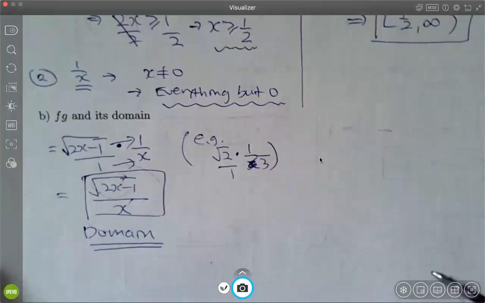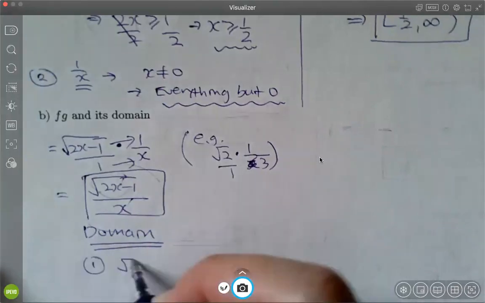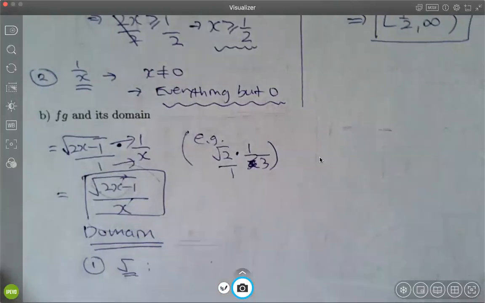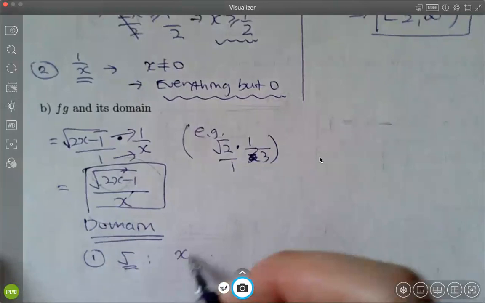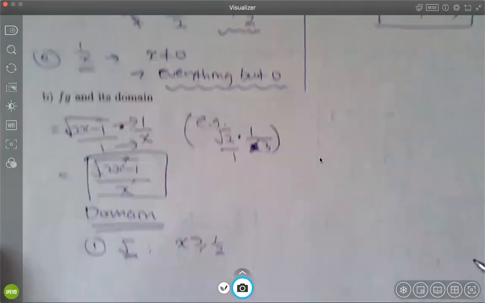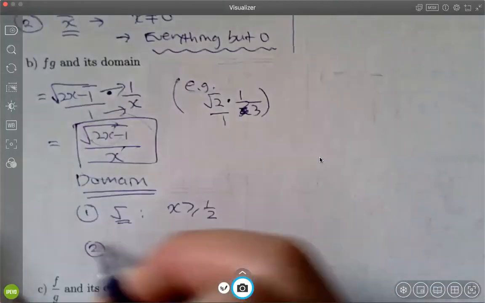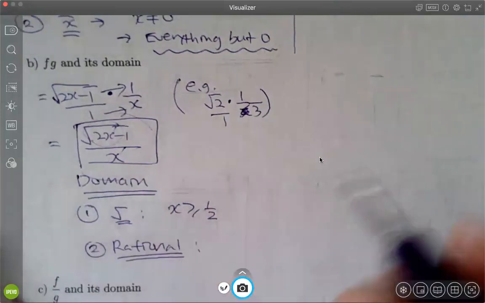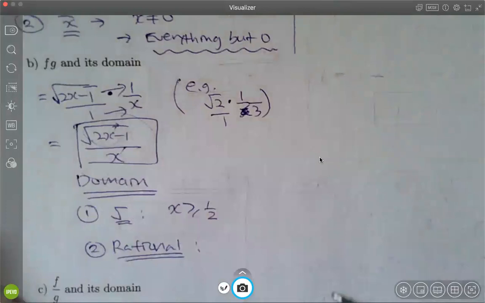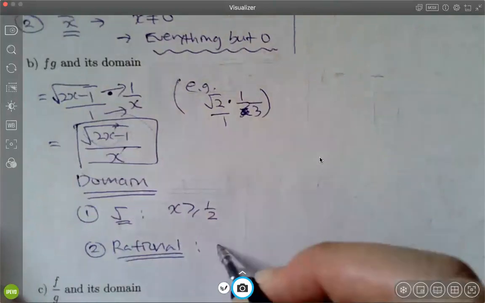Okay, now, remember I said earlier that we did the hardest part. So, what is the domain for the square root part? Is it same as before? Yeah, it was this one, right? And now, what about the rational case? So, for the rational case, what do you have? That over x, right? So, what's the domain? Same thing, right? Everything but 0.